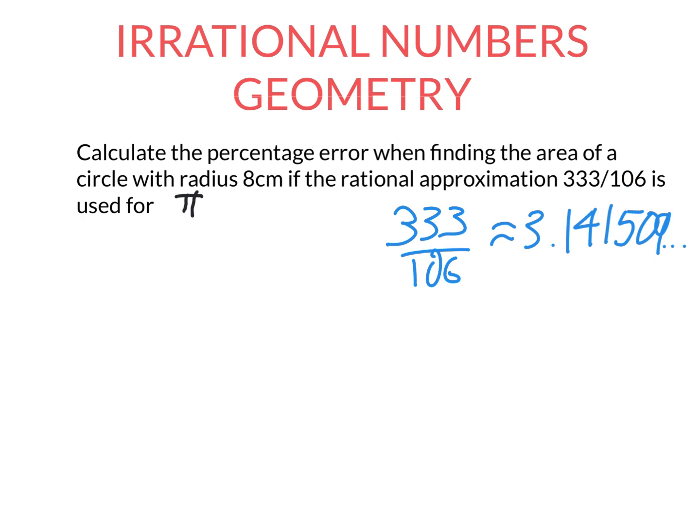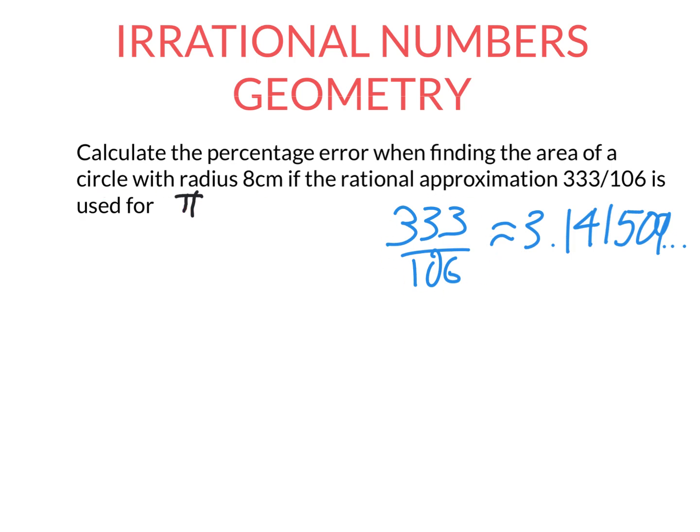333 over 106, a fraction with integer numerator and integer denominator, is always rational. This is rational, this is not. We're using this rational number to approximate this.